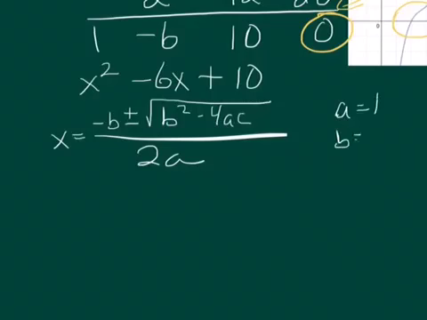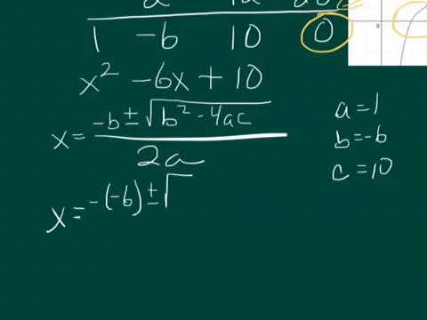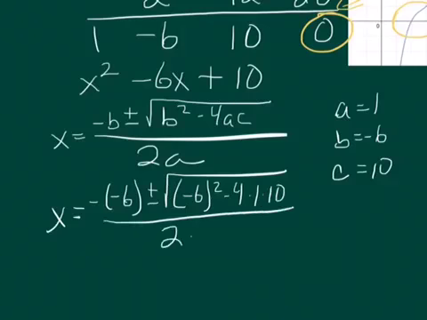My b is negative 6. And my c is 10. I'm going to start substituting: x equals the opposite of negative 6 plus or minus the square root of negative 6 squared minus 4 times 1 times 10 all over 2 times 1.